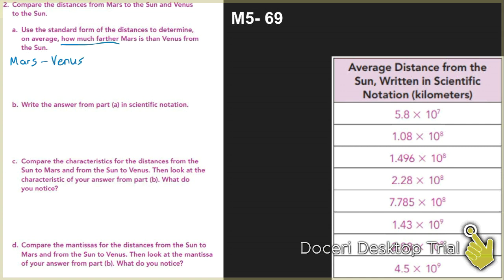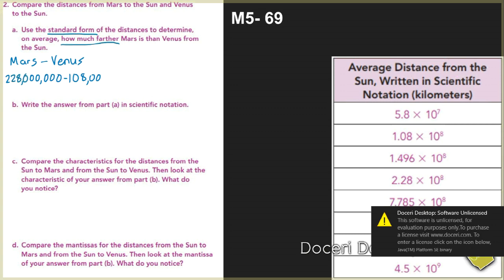The distance from the Sun to Mars, minus the distance from Sun to Venus. Okay? And again, we're using standard form. We're not using scientific notation yet. Okay? So in standard form, Mars is 228 million miles away. And then we're subtracting Venus, which is 108 million miles away.